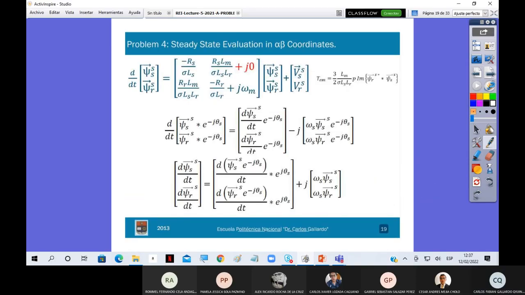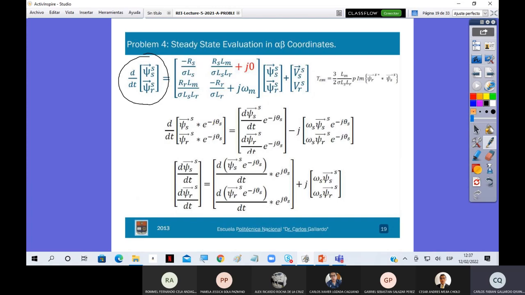So I need to derive the equation in the alpha beta coordinates, starting with the flux. Do you remember we have already derived this equation as a function of the flux in the DQ reference frame?